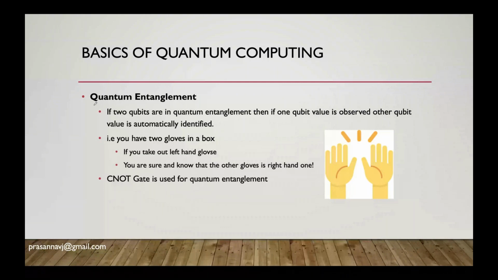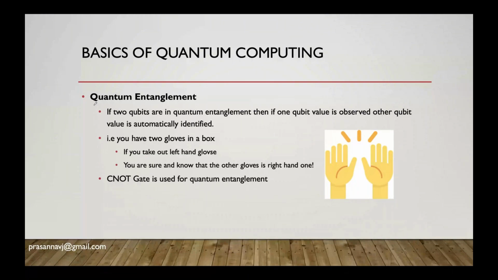Okay, to simplify the whole thing, let's say you have a box, and you have a pair of hand gloves, you kept both the gloves in this box. One is a left hand glove, another one is a right hand glove. You know which one is for what. Now assuming that you open the box and take out one glove, and you got a left hand glove.